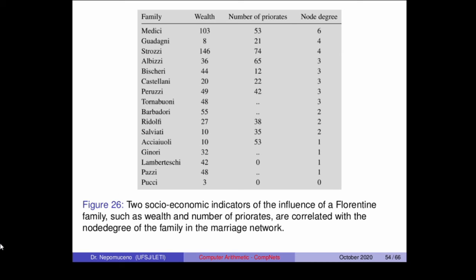Just pay attention here, there's just a mistake here. So node degree, right? There's a space at this point here. So we have wealth, number of priors, and node degree. As you can see, there is a strong correlation here. The more the wealth, the bigger the node degree.